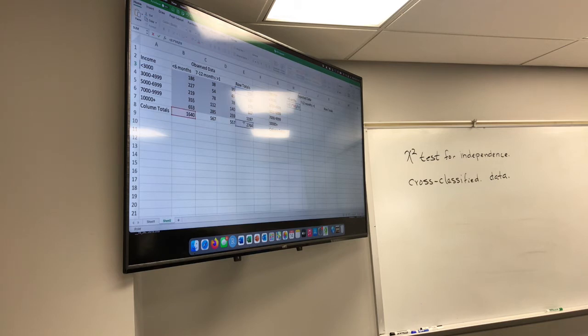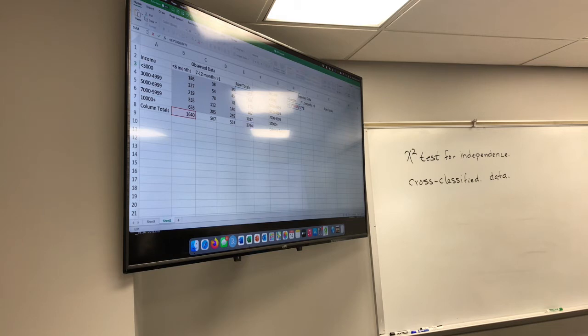We could certainly write the equation this way using column references, but it might be better to do this with references that don't change as we copy. So we want to calculate this for E3, E4, E5, E6, and E7. At least in Excel, we can put a dollar sign in front of the B and the 8, and a dollar sign in front of the E and the 8.